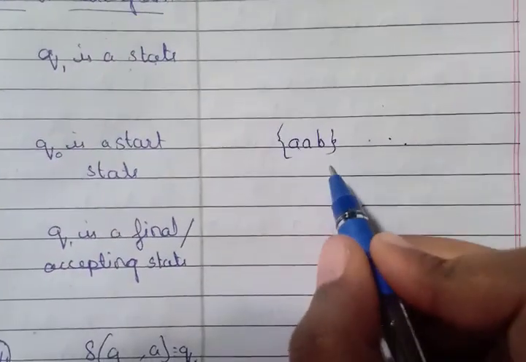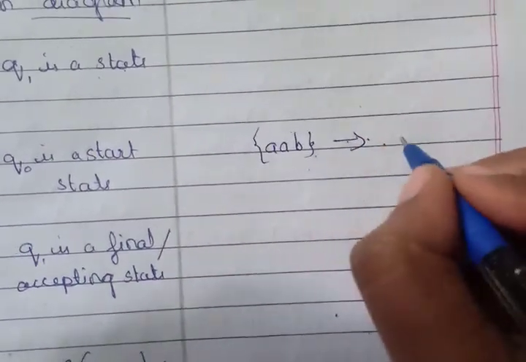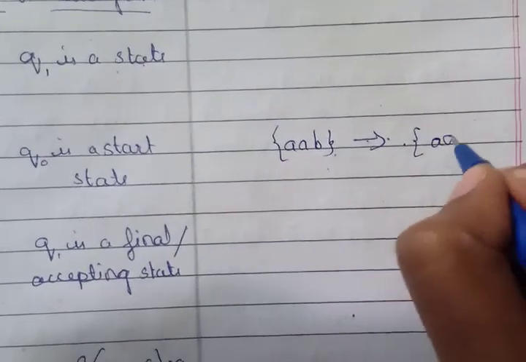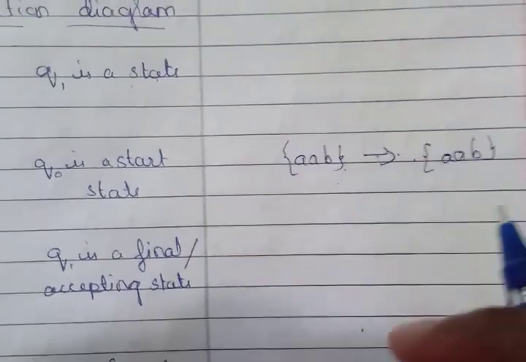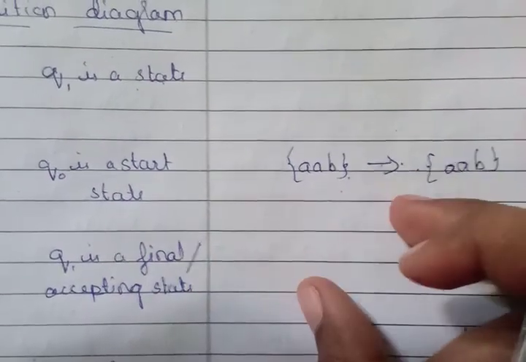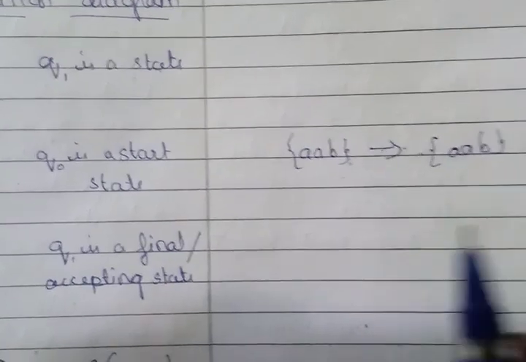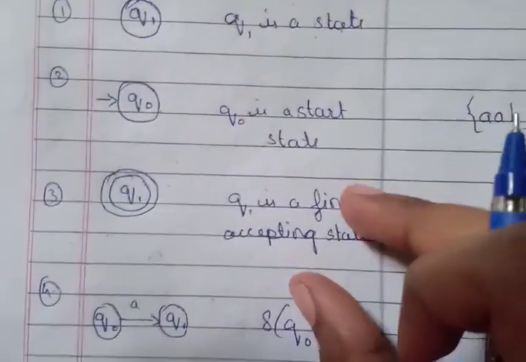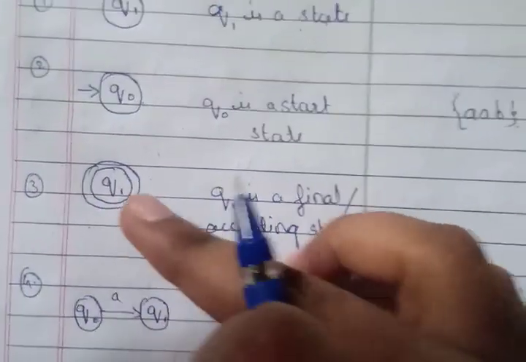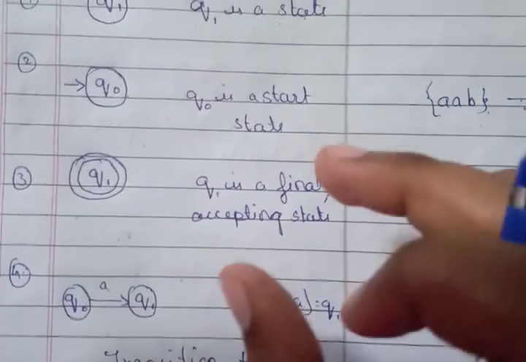If the string is accepted, then after processing the input we get to know that the machine is accepting this set of strings and saying it has been accepted. Then this Q1 will be the final state, stating that the machine has accepted a certain set of strings or symbols.